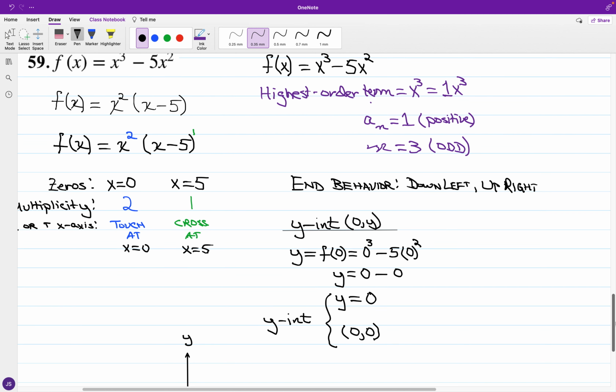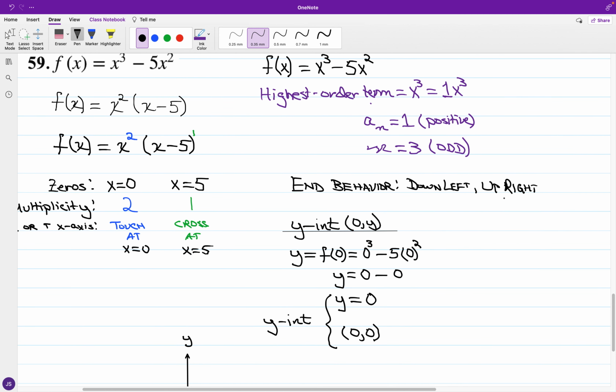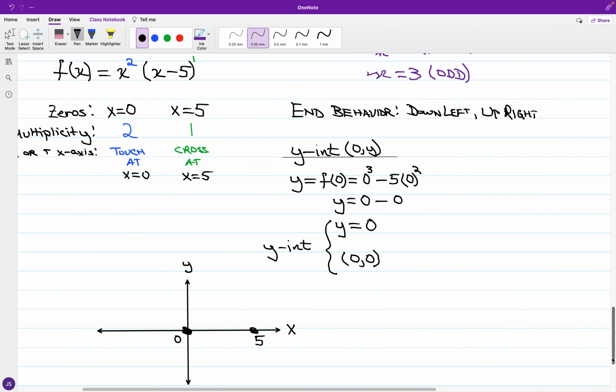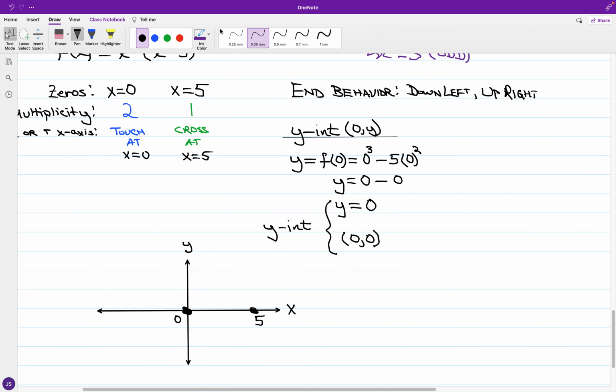Now, for the end behavior, you have down to the left and up to the right. We can illustrate down to the left, so we can have downward motion from the leftmost zero, which we have at the origin.